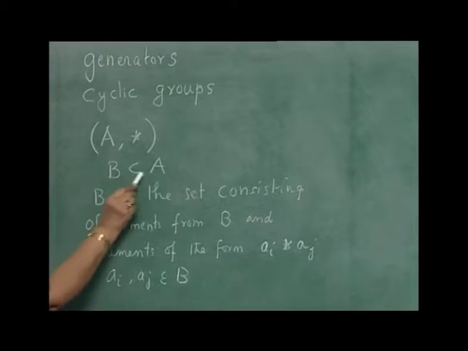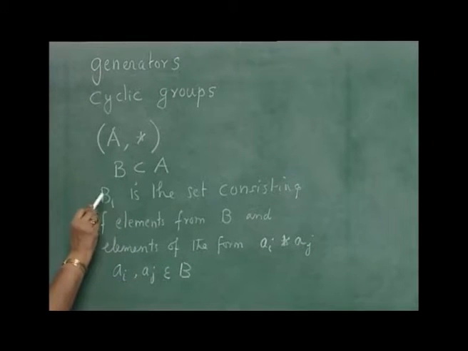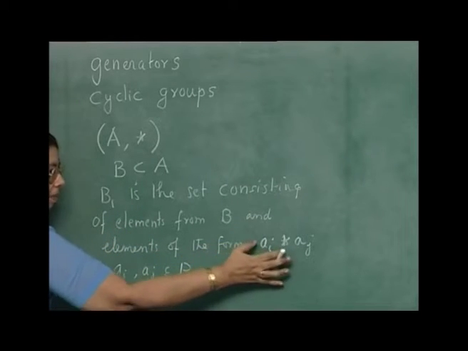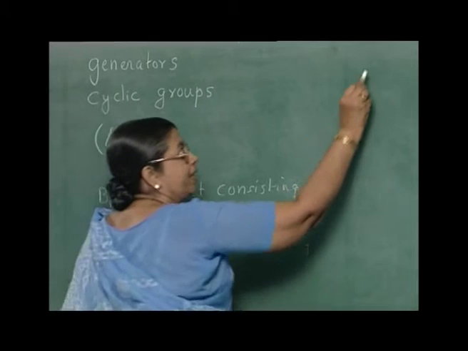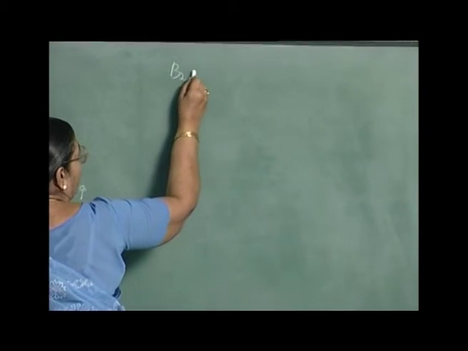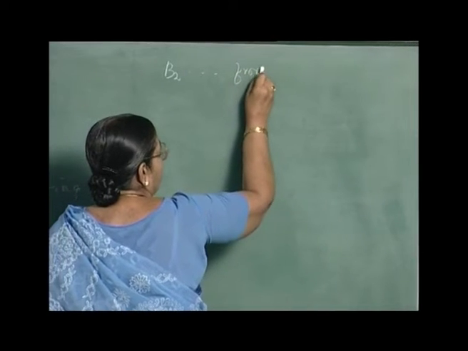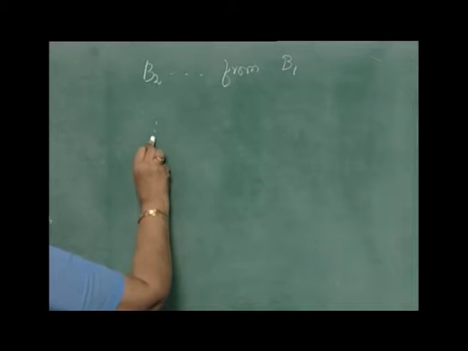Consider a subset B of A and then take the set B1, which consists of B as well as elements obtained by performing this operation on elements from B. Take B1 and construct the set B2 like this. Construct the set B2 from B1 and B3 from B2 and so on.